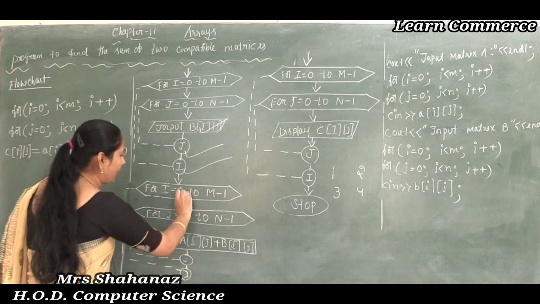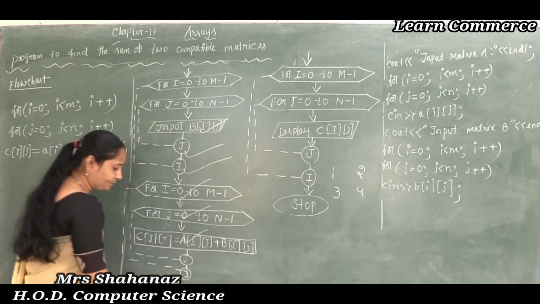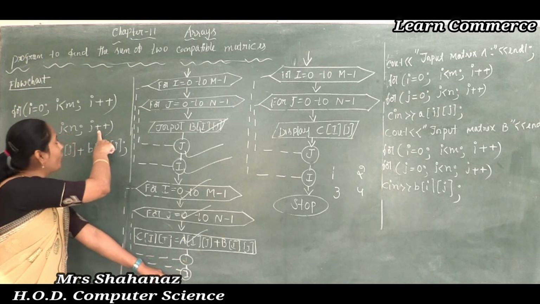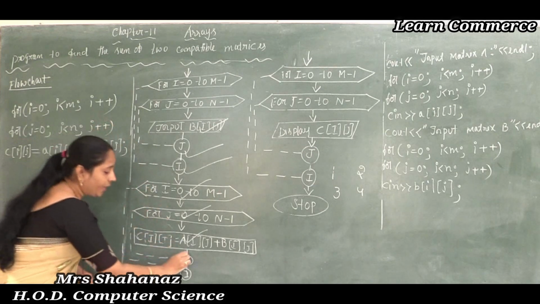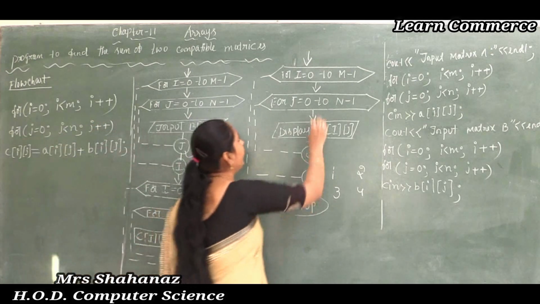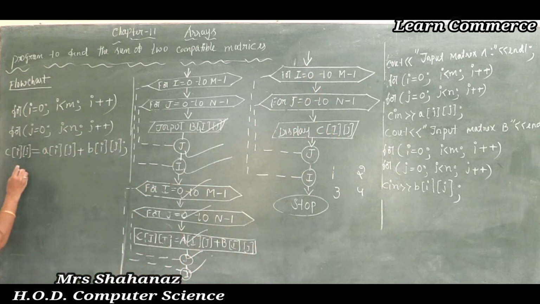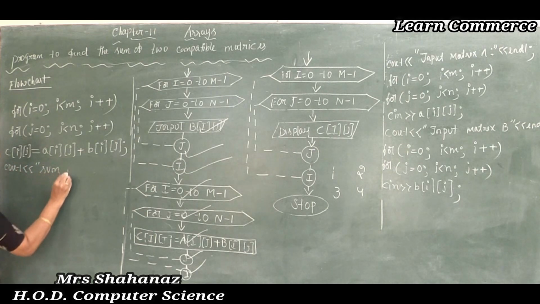Now we completed this one. As we know, the closing of j, j plus plus, and the closing of i plus plus. So that means finally, now only this point is left. Before displaying any value, I am displaying one message on screen, sum matrix is.